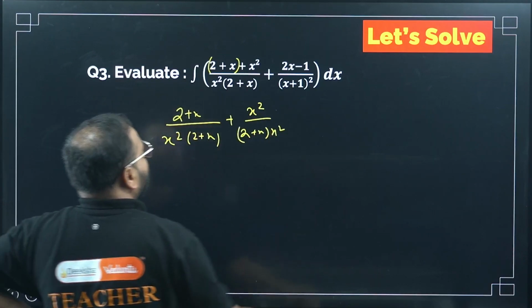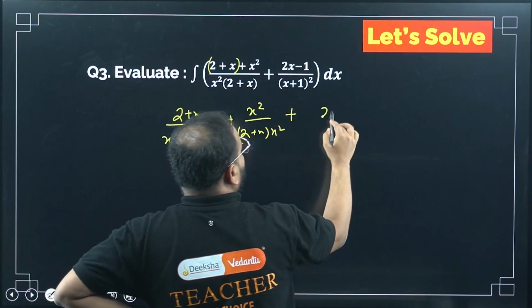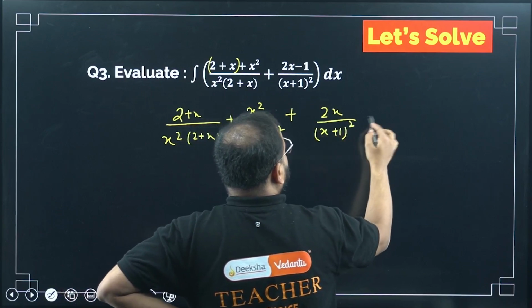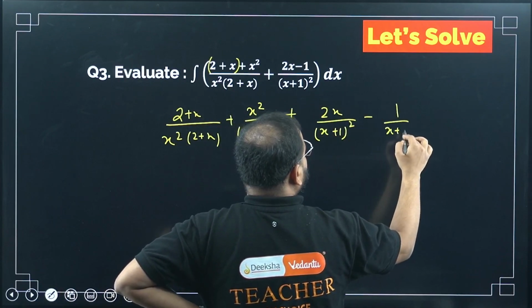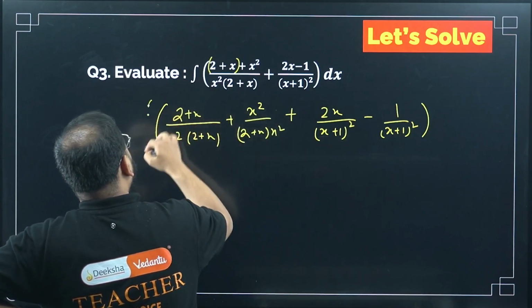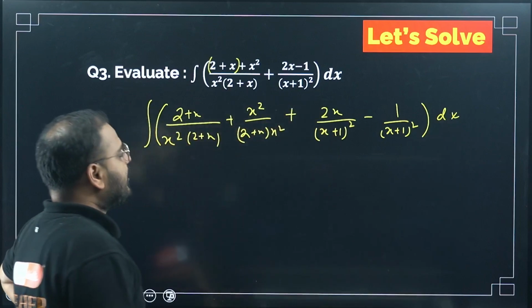And what about this? I can write this as 2x upon x plus 1 the whole square minus 1 upon x plus 1 the whole square, whole thing integration with dx.